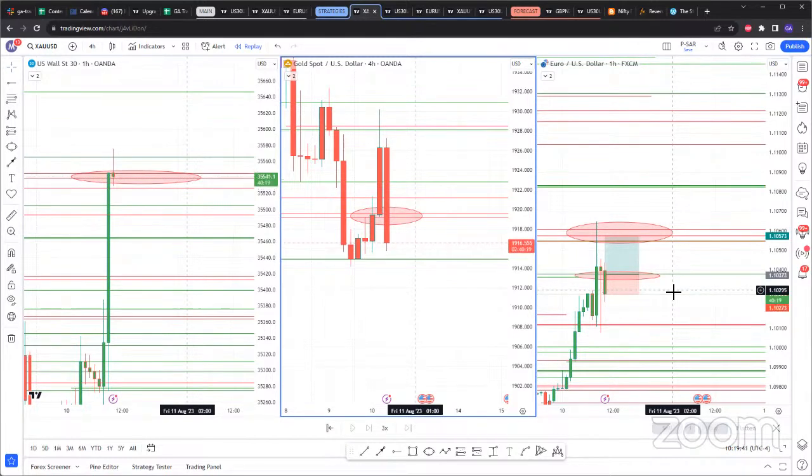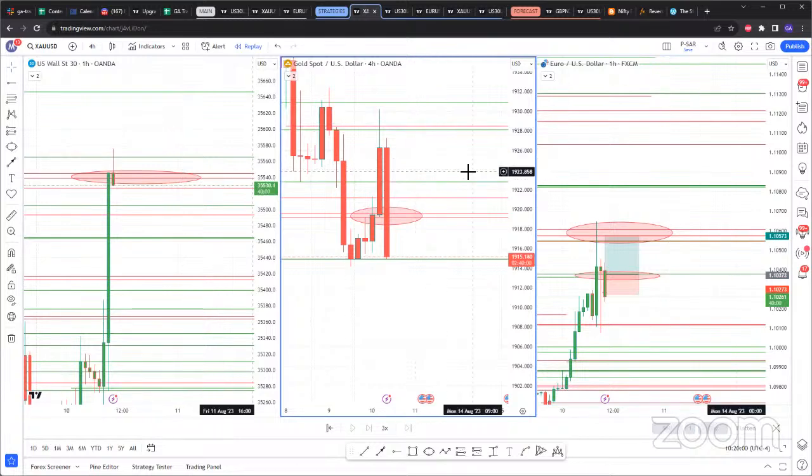Having two confirmations for bias is also good, like days like yesterday. Everything was bearish on the daily time frame using the SAR, and also on the trend lines on the hourly. That's why we were able to catch the gold sell and the US 30 sell that I'd marked up.